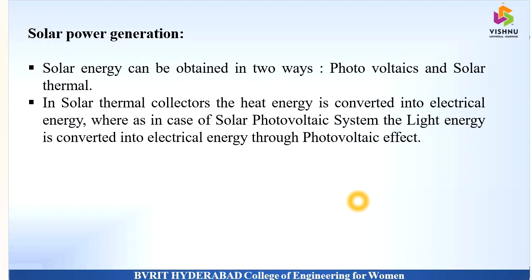So how is this generation going to happen? Solar energy can be obtained in two ways: photovoltaics and solar thermal. That is the extraction of solar energy, right? In solar thermal collectors, the heat energy is converted into electrical energy, whereas in a solar photovoltaic system, the light energy is converted into electrical energy through the photovoltaic effect.